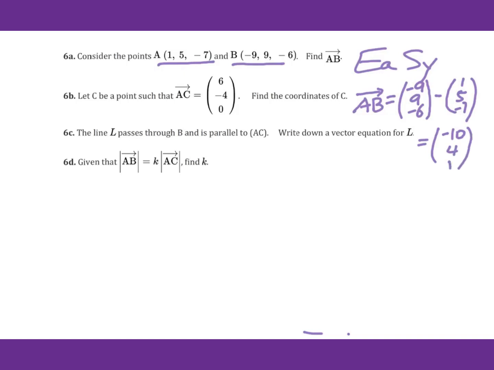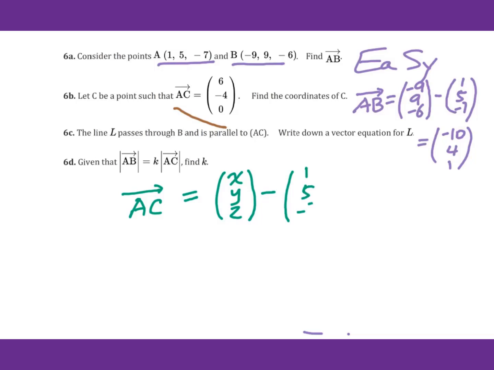For B, let C be the point such that vector AC equals this. Find the coordinate of C. We know vector AC should equal the coordinate C, let me do (x, y, z), minus the coordinate for A, that's (1, 5, negative 7).